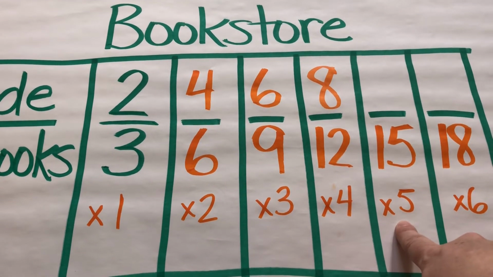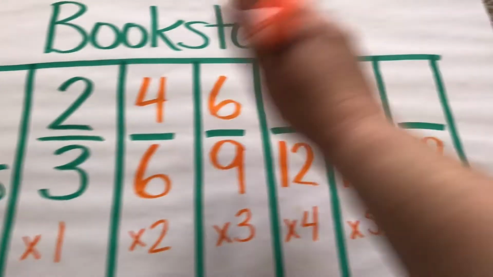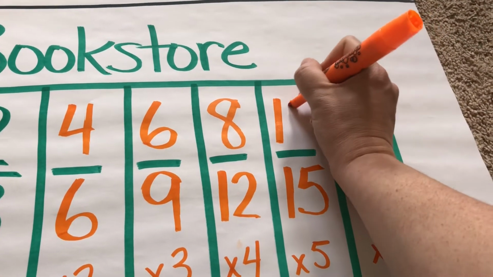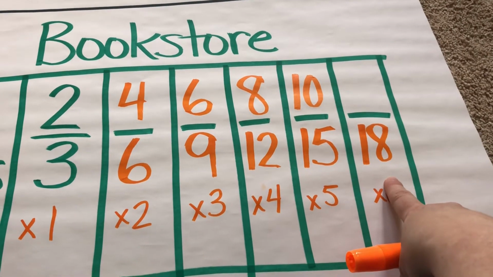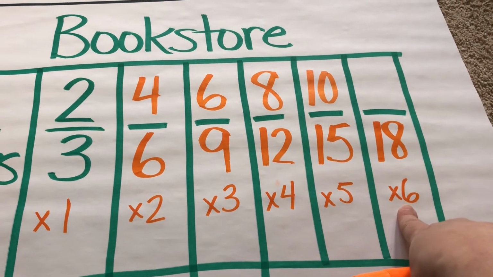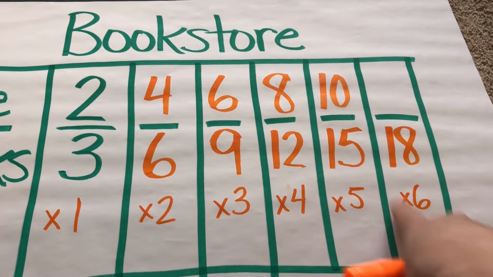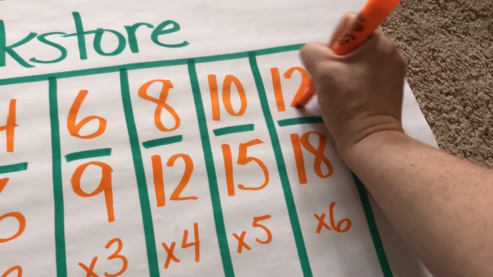So we need to take 5 and multiply it by our numerator. 5 times 2 is 10. And now we're up to if you bring in 18 books, we multiplied it by 6. So 6 times 2 would be 12.